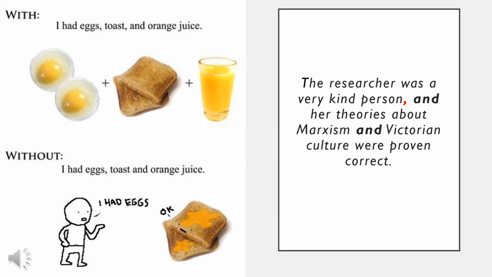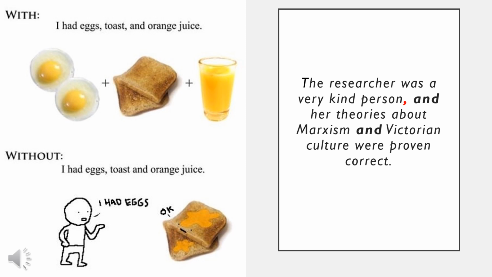Additionally, the Oxford comma is useful when you have long sentences that use several conjunctions like and. For instance, take a look at the example on the right side of the screen. The researcher was a very kind person, and her theories about Marxism and Victorian culture were proven correct.